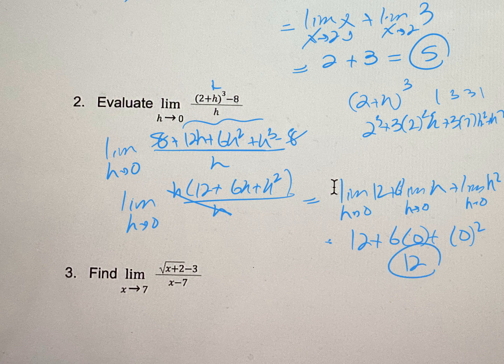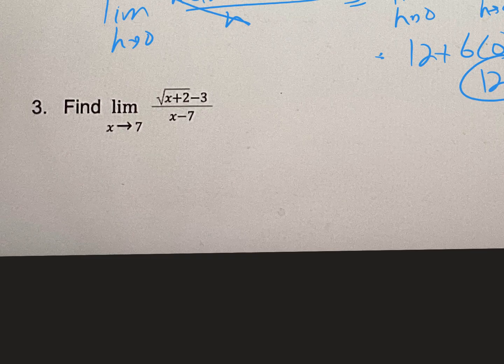So there's your limit. All right, and 3 is going to get a little crazy here. Okay, so what I'm going to try to do is simplify. Obviously I'm not going to plug the 7 in right there because it's going to be 0 in my denominator. So I'm going to multiply by the conjugate of the numerator, which is going to help us.